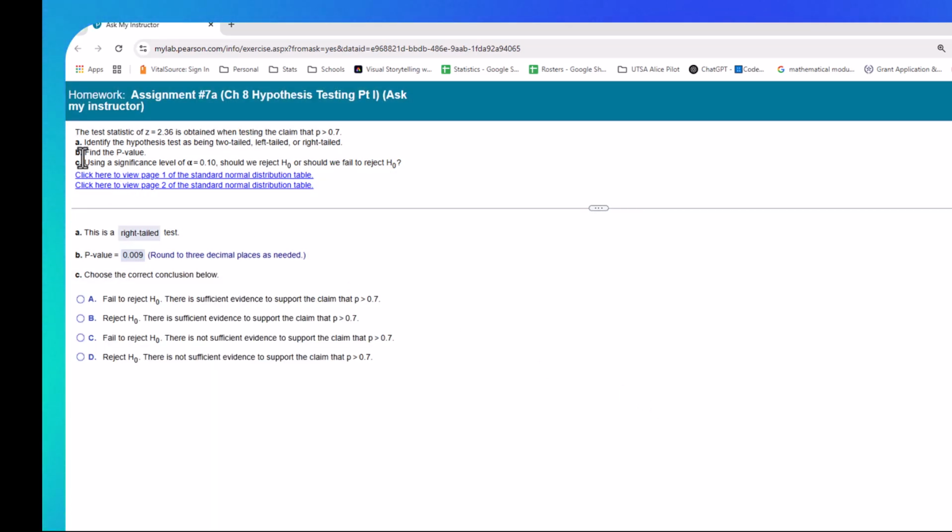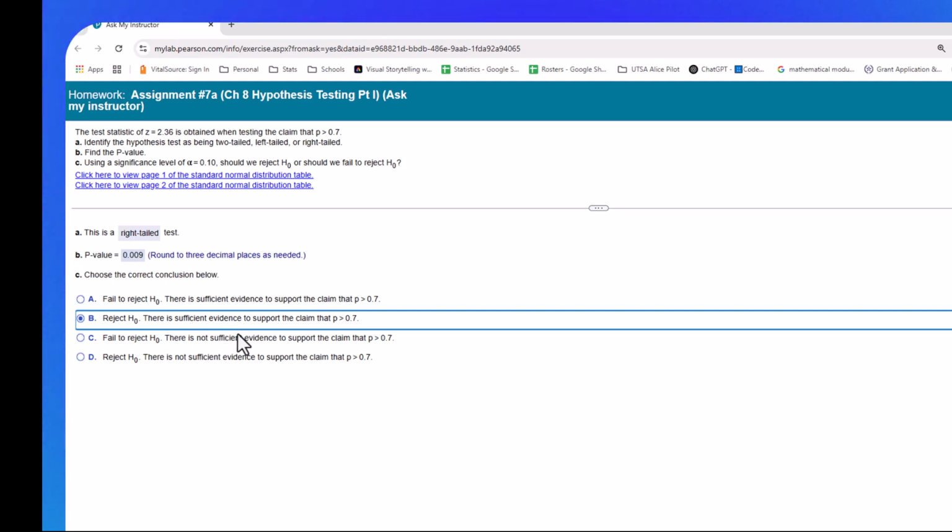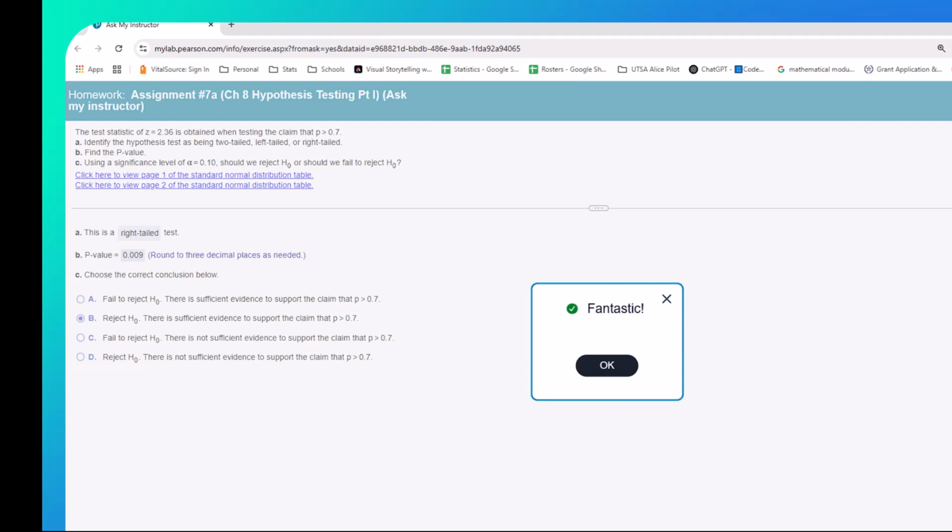And I can see on part C, I'm comparing this to the alpha level of significance of 0.10. The p-value is less than that value. When the p-value is less than the level of significance, you reject. So I know I'm going to reject the null, that there is evidence to support the claim is greater than 0.7.